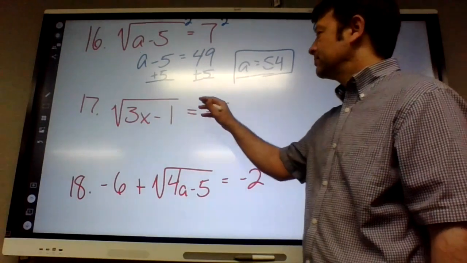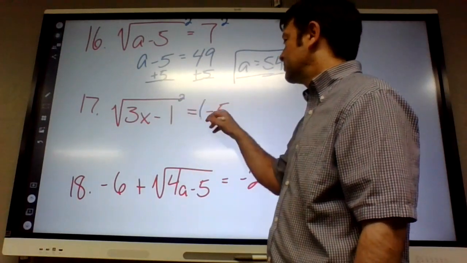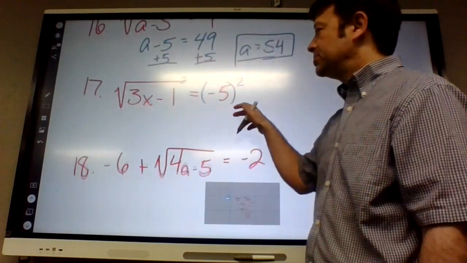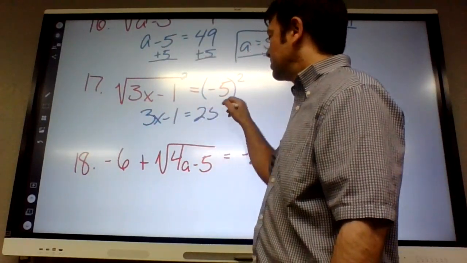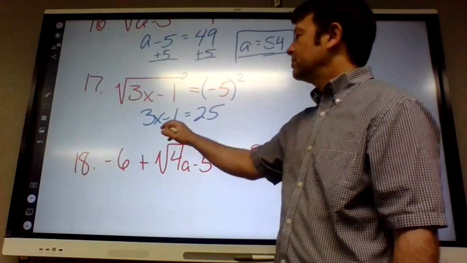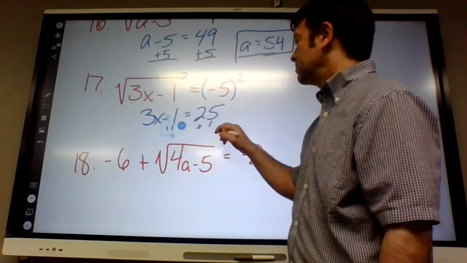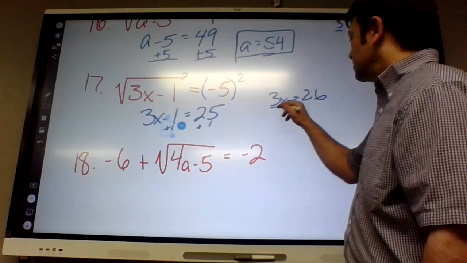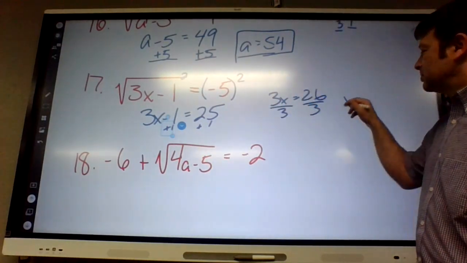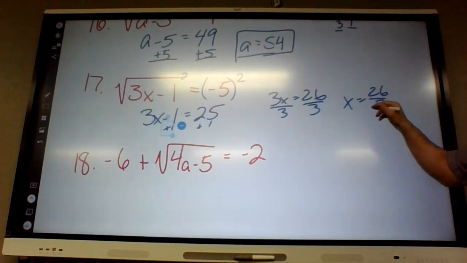The square would be 3x minus 1 equals 25. Add 1 on both sides and divide by 3, which is 26. So you get x equals 26 over 3. Then you gotta check.